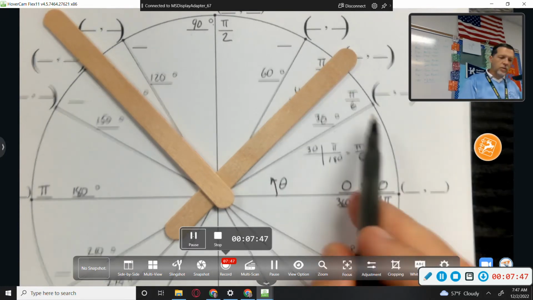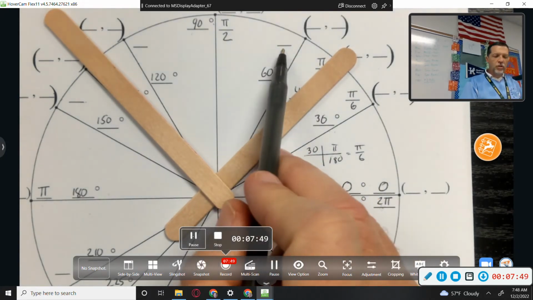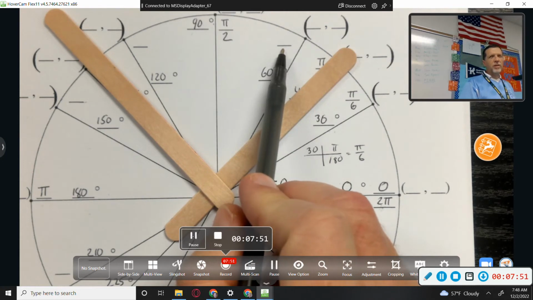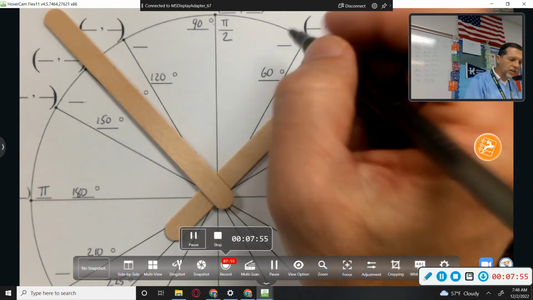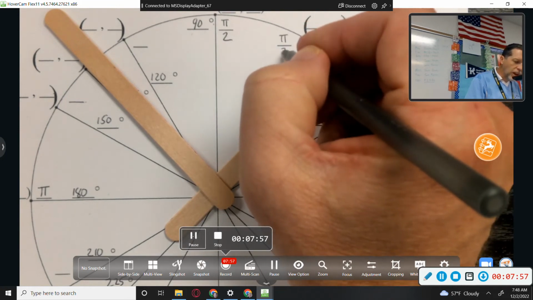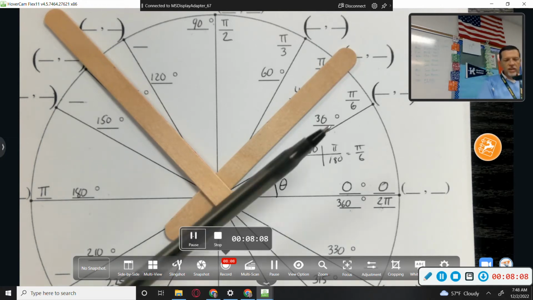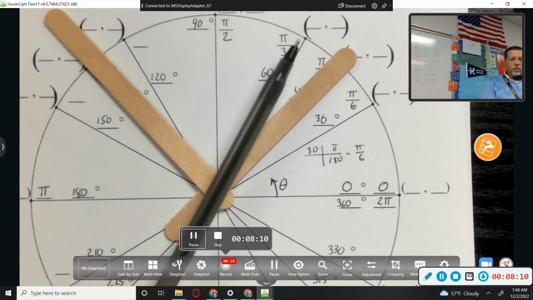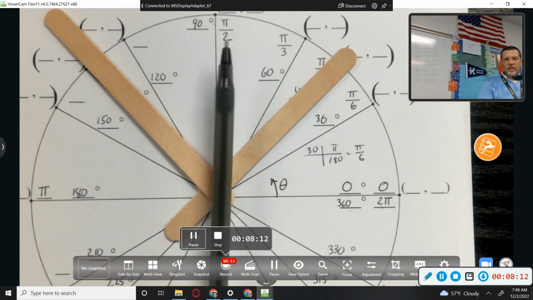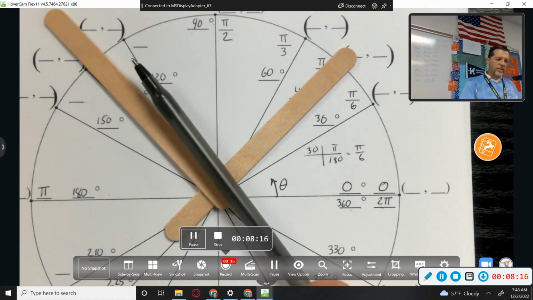So this is 1 over 6. This is 2 over 6. But don't write 2 over 6 because 2 over 6 is 1/3. So pi over 3. So you're counting by 6, but you have to reduce a bunch of them. So 1 over 6, 2 over 6, 3 over 6. Yep, that's right. 4 over 6.